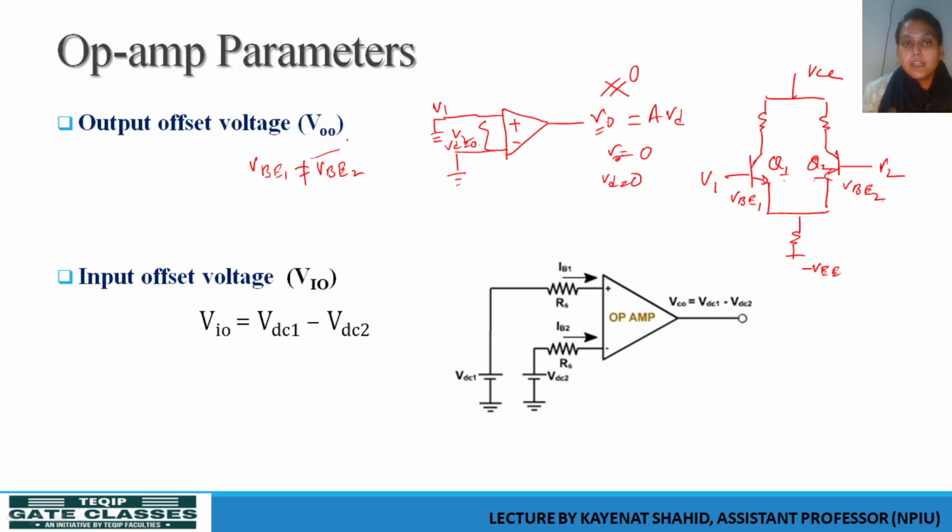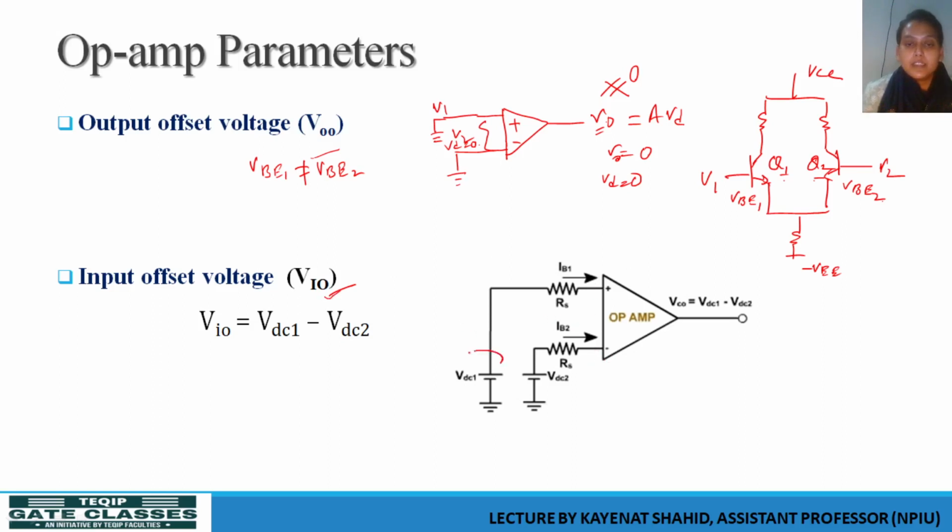So to eliminate this output offset voltage, we have to apply a certain input offset voltage. How much voltage should we apply at the input terminals of the operational amplifier? This is the question.